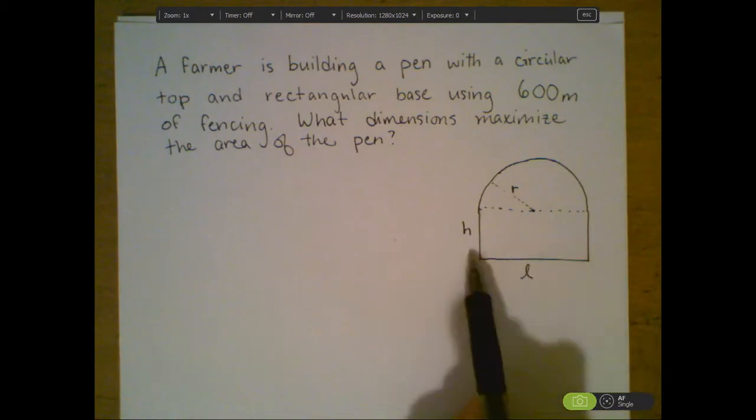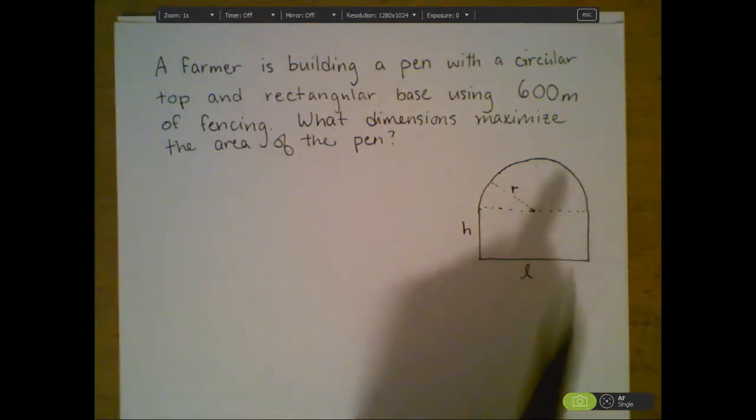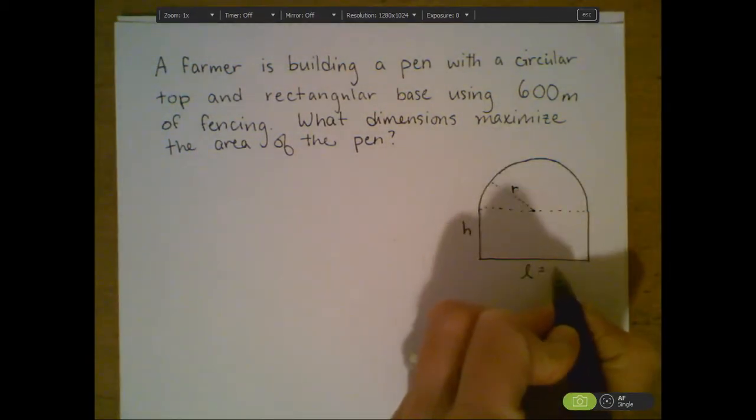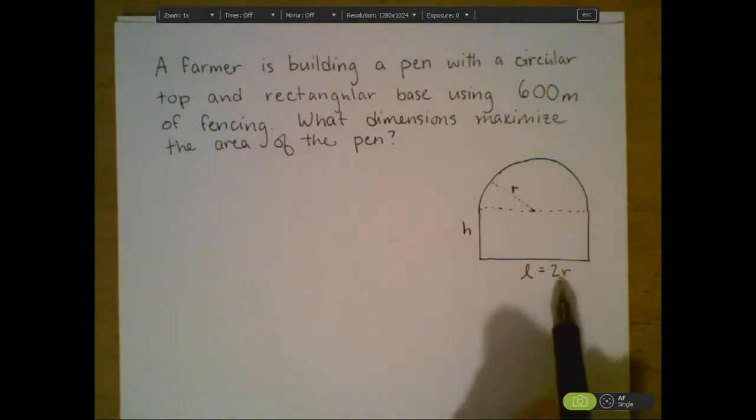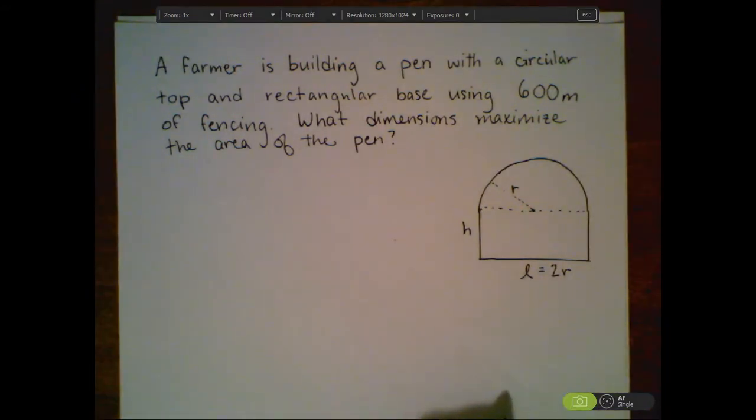Those two things have to be equal. In other words, I'm going to call L equal to 2R. You could also just call it the diameter, but I like using radius. It's an easier thing for all of the other formulas we're going to use. So I've labeled some of the variables. Let's get on to the equations.